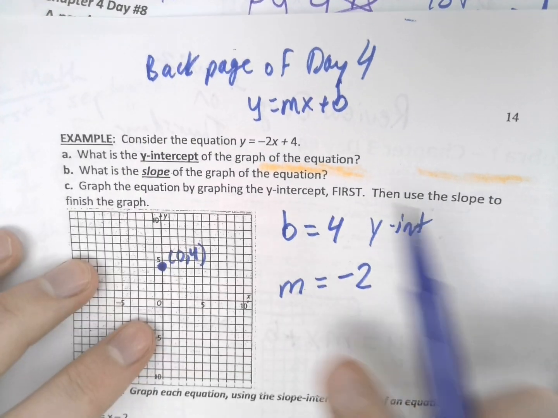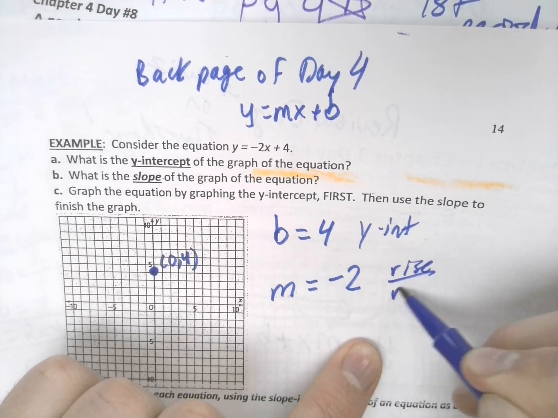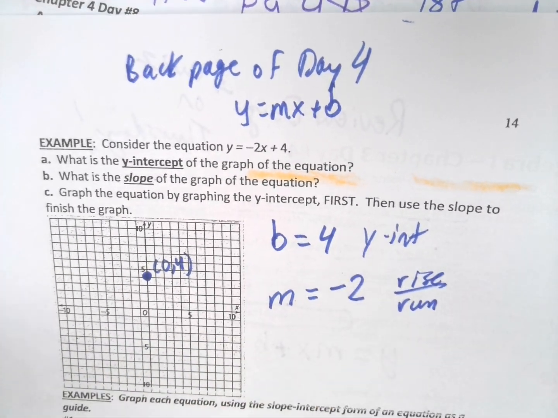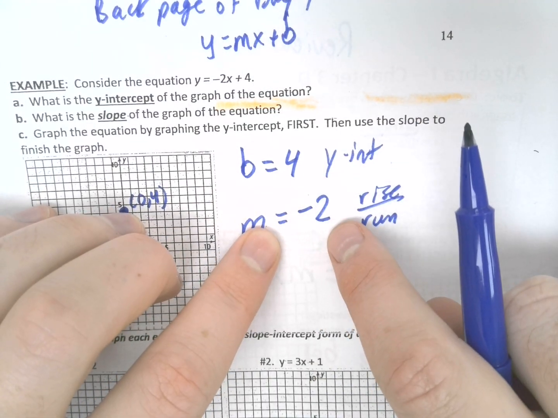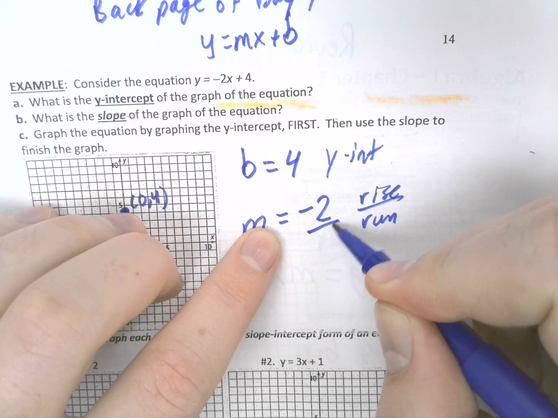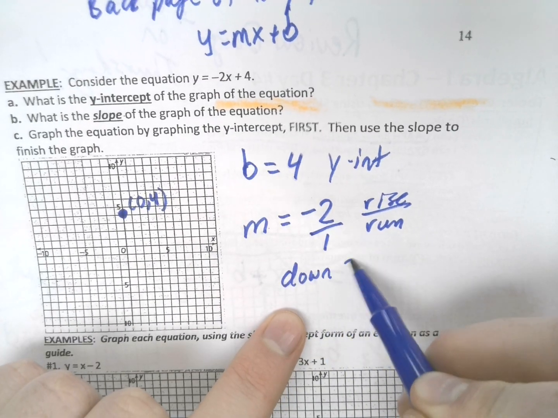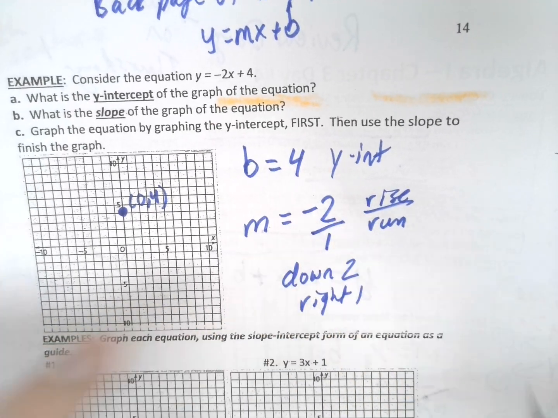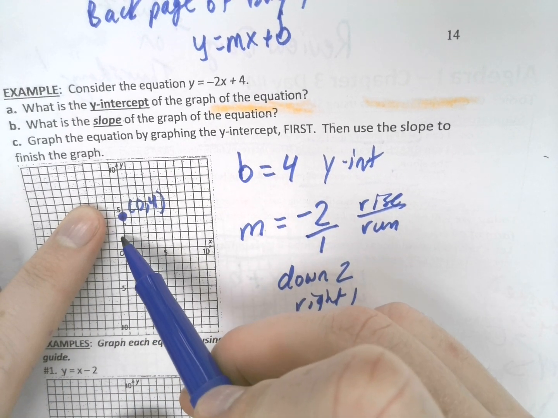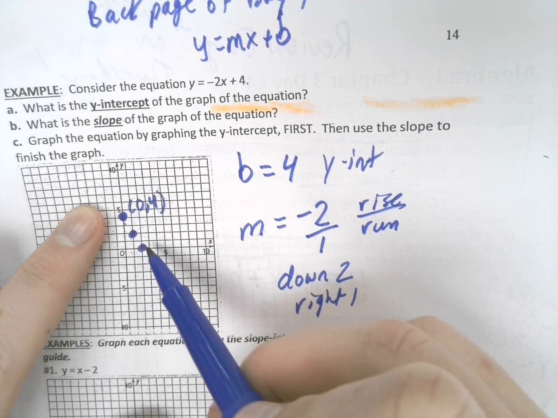The problem is, in order to use this slope, we need to make this into rise over run. So how can we create a fraction that would still keep this -2? Oh, put a 1 under it. So we're saying we're going down 2, right 1. So from this point, down 2, right 1, down 2, right 1.